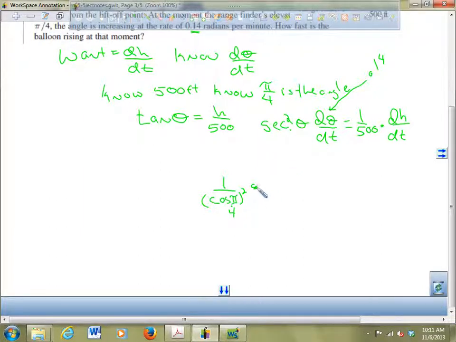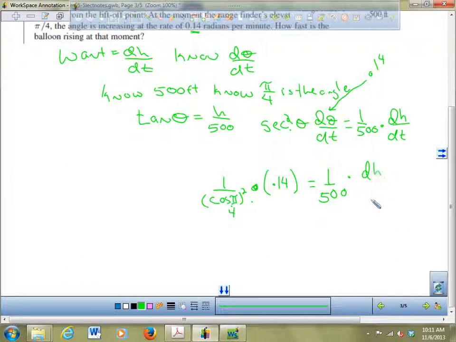What is this thing? Oh, that's a times sign. Times d theta dt, which is 0.14, equals 1 over 500 times dh dt, which is what I'm trying to find. In the book, they say solve this for dh dt and then plug in the numbers.